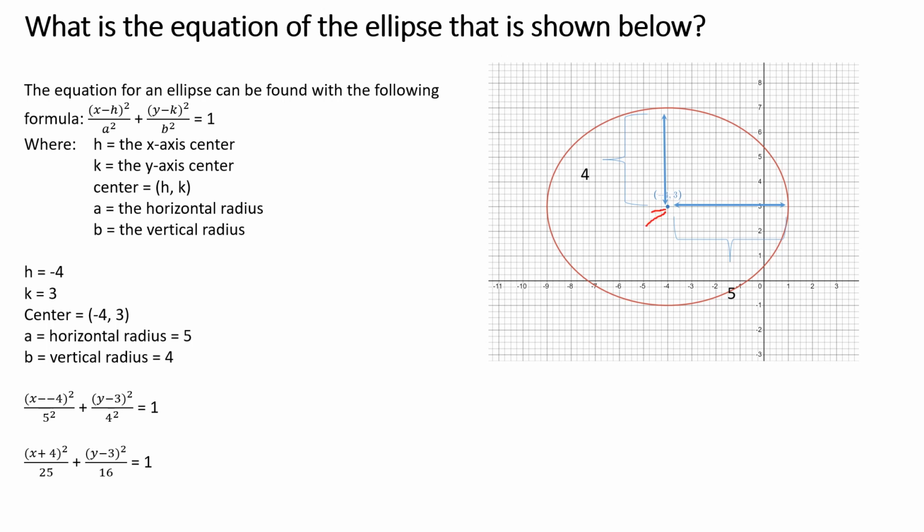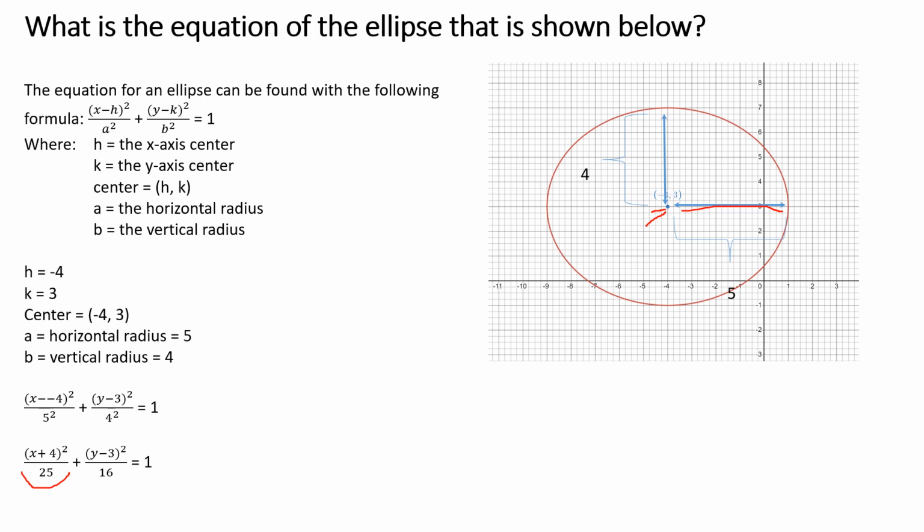And looking at this equation, the horizontal radius is 5. This distance, I made this right here. And so x minus negative 4 is x plus 4 squared over 25. That's 5 squared. And then my distance on my minor axis, which is also in this case my vertical axis, is 4.